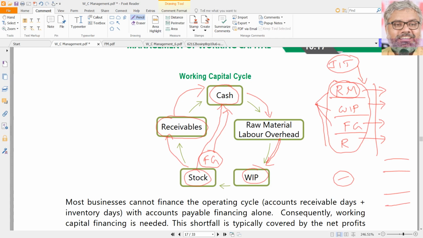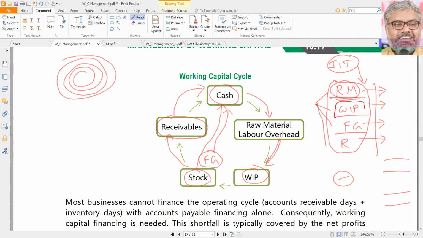If proper inventory management and materials management techniques are scientifically used, the raw material holding period can be reduced. That's an advantage. That reduces the total operating cycle duration. That means the number of cycles that can happen in a year will increase. When the number of cycles increases, that means turnover increases, which is good for the organization. So that is the objective of any organization, to keep the raw materials period as short as possible.